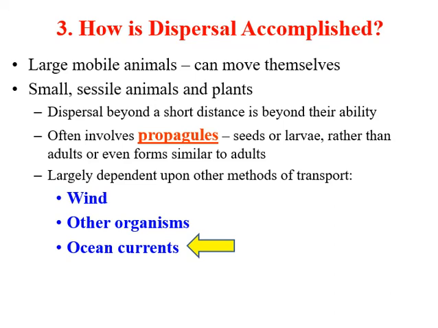There's little burrs that get stuck on things. There's a number of different mechanisms for dispersal through animals. But what we're focusing on are these marine organisms and dispersal as a result of the movement of water, primarily currents. These currents can move a long ways, long distance in a relatively short period of time.